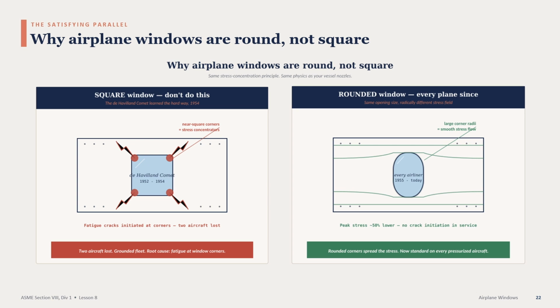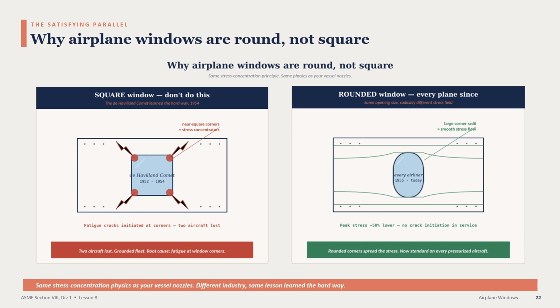Notice how the stress flow lines bend smoothly around the window without crowding. Peak stress at the window edge is about 50% lower than the Comet window, well below the fatigue threshold, even after millions of pressurization cycles over a jet's lifetime.